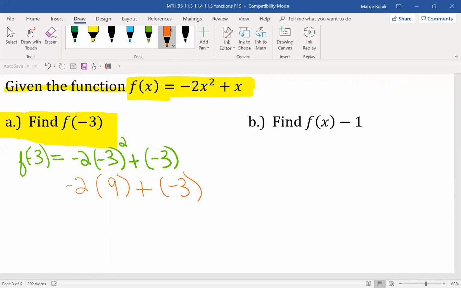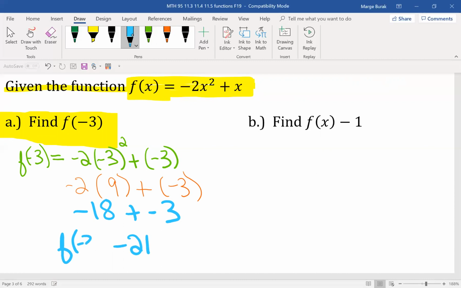Then we have to do multiplication before addition. So -2 times 9 is -18, plus -3. And finally, we have f of -3 equals -21.